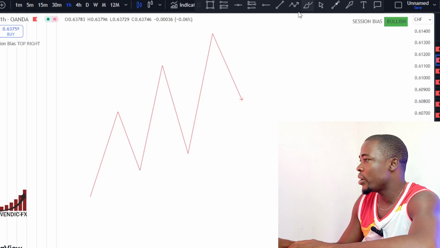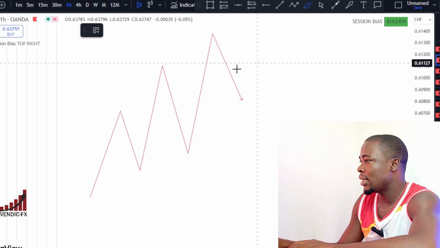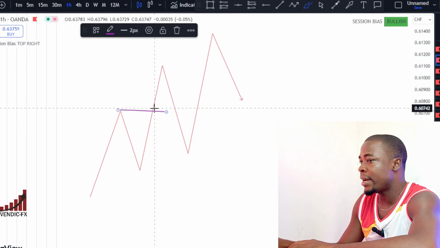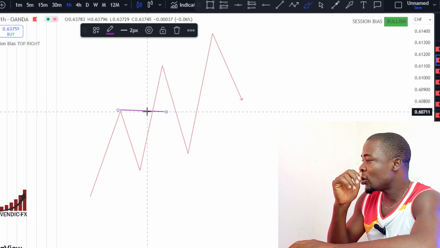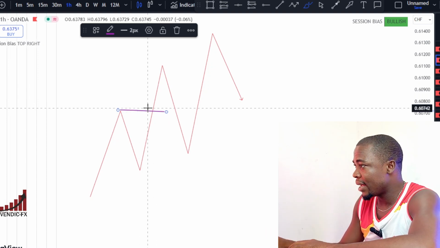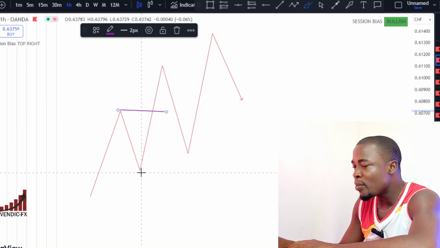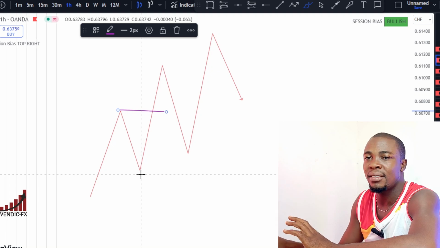If this particular point is your entry, you get into the market here. This is the liquidity sweep, and your stop loss should be below it.